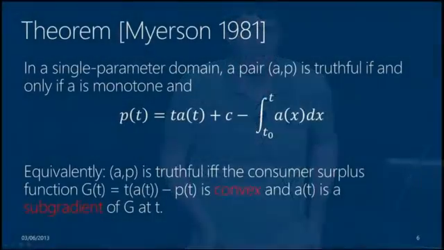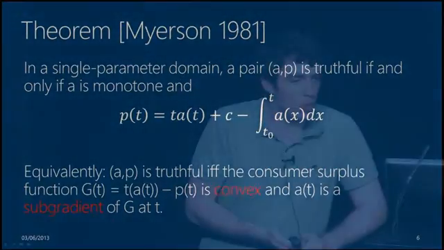It turns out to be exactly equivalent to say that the consumer surplus function, that is basically how happy you are, the utility function before, how happy you are given both the outcome and the amount that you had to pay, is a convex function and at any given point the allocation that's given to your type is a subgradient of the convex function at that point.